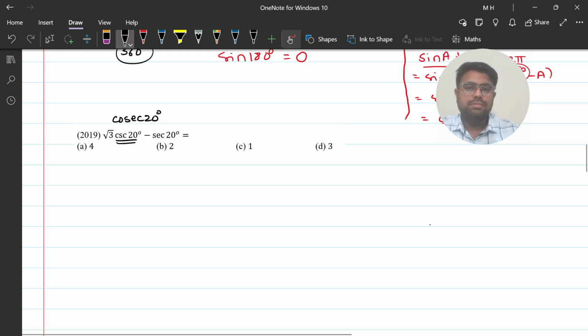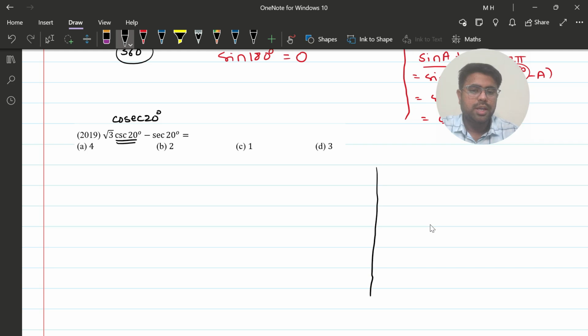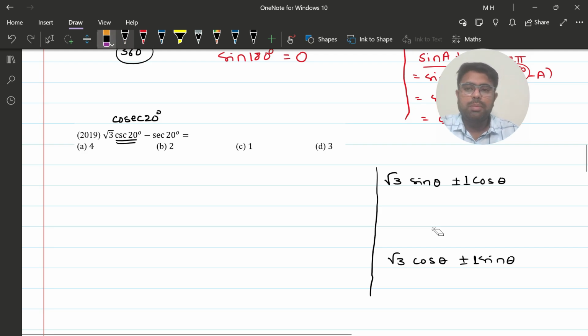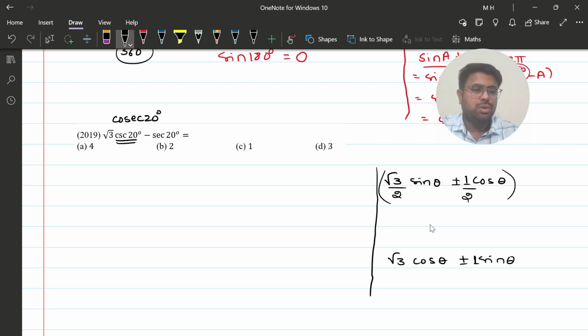Suppose you have root 3 sine theta plus or minus cos theta, or root 3 cos theta plus or minus sin theta, something like this. If you have root 3 as the coefficient of one term and 1 as the coefficient of the other, then you divide by 2 and of course multiply by 2 to balance.